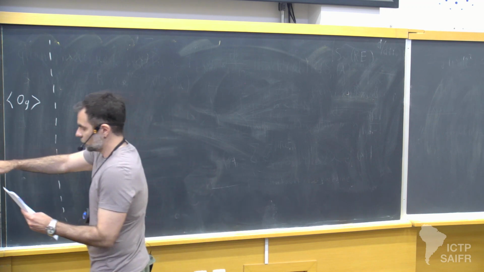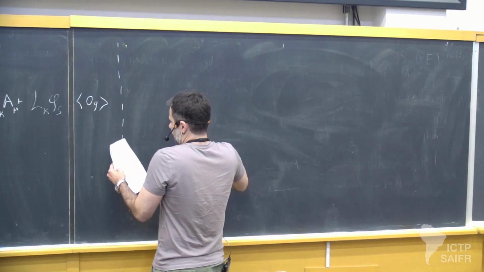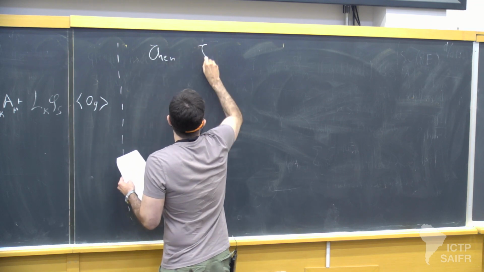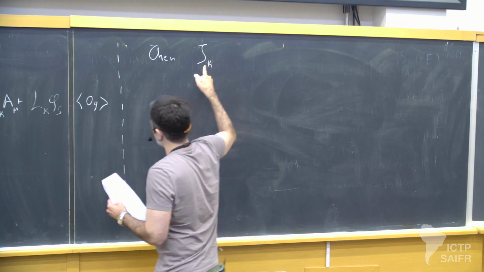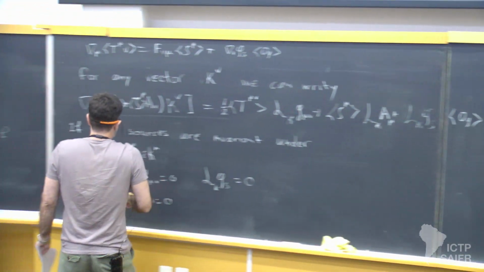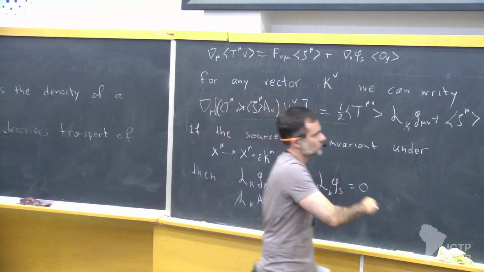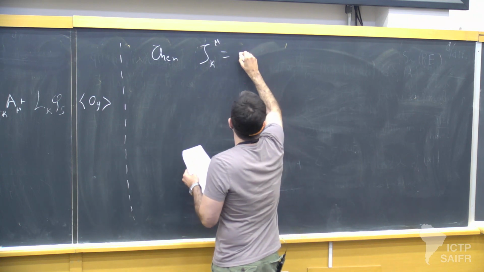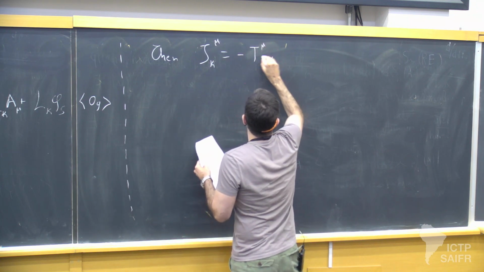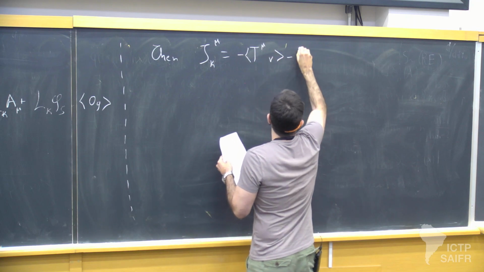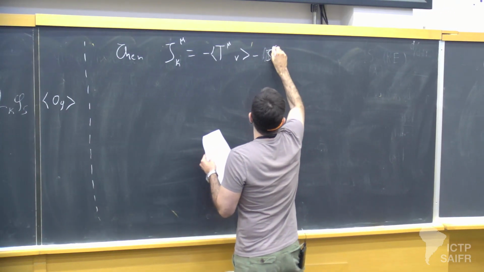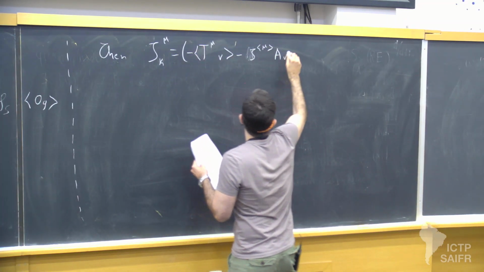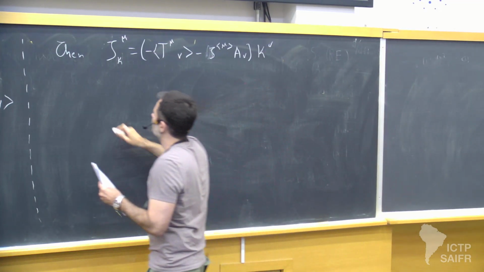Okay? So if these conditions are true, then the vector, let me call the vector J, whose definition is based on the vector K, is conserved.